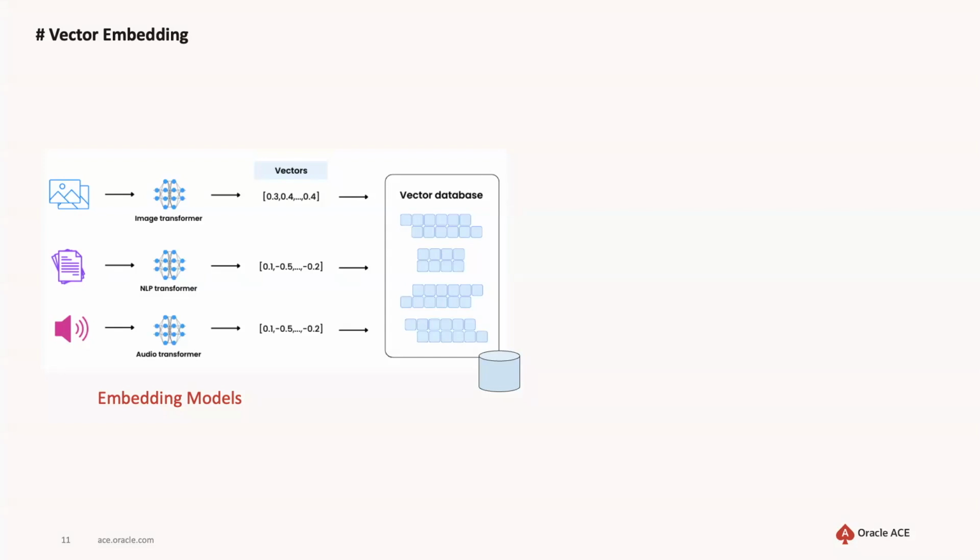We need to use an embedding model that is specific for images, which will capture this image, convert it into vector data and insert it into the database. And we also can do this for text, for audio, and there are some other embedding models that we can use. So each vector that we have was generated with a specific embedding model.